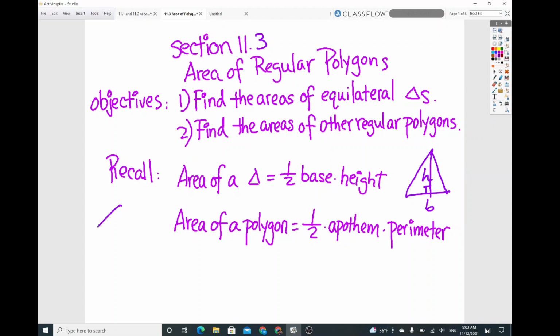So the area of a polygon. Let's say we have a pentagon. The way to do it is 1/2 times the apothem, the distance from the center of the polygon to the midpoint of one of the bases. It's just like the height of the triangle. And then the base. We have 1, 2, 3, 4, 5 bases, so we need the perimeter.